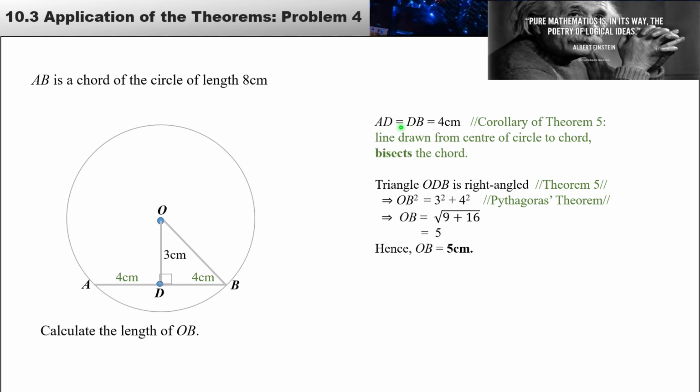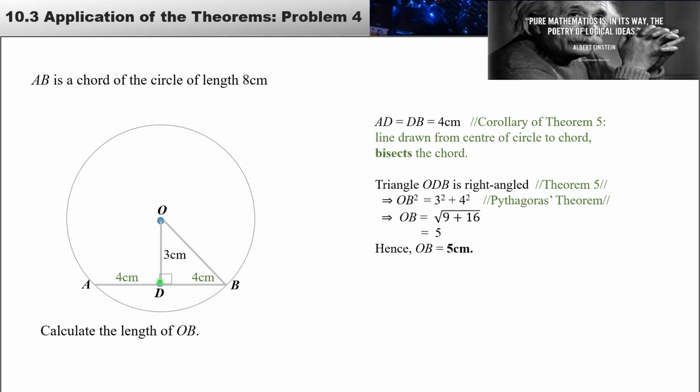So this was another kind of problem where you couldn't get to the answer directly, but you had to use your theorems to begin the journey. So the first important deduction was to understand that AD is equal to DB and therefore is equal to 4 centimeters because OD bisects that line.